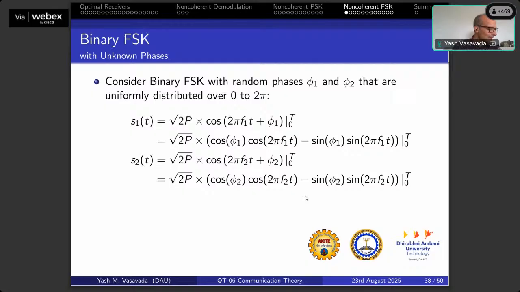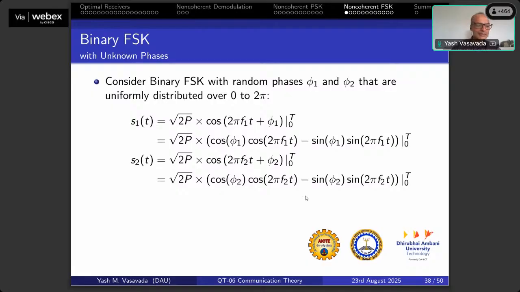Okay, I will take maybe 10 more minutes and introduce one more technique called differential frequency shift keying. Okay, so in binary frequency shift keying, suppose there are random phases that we don't want to estimate and remove.